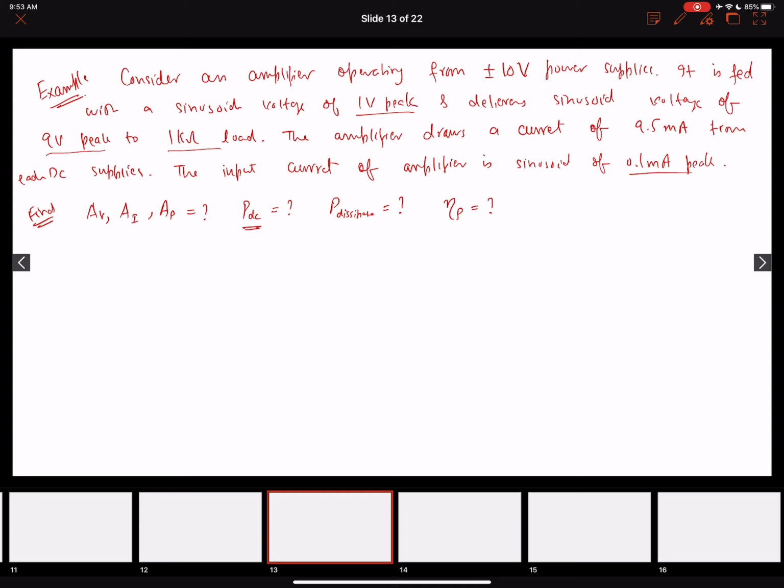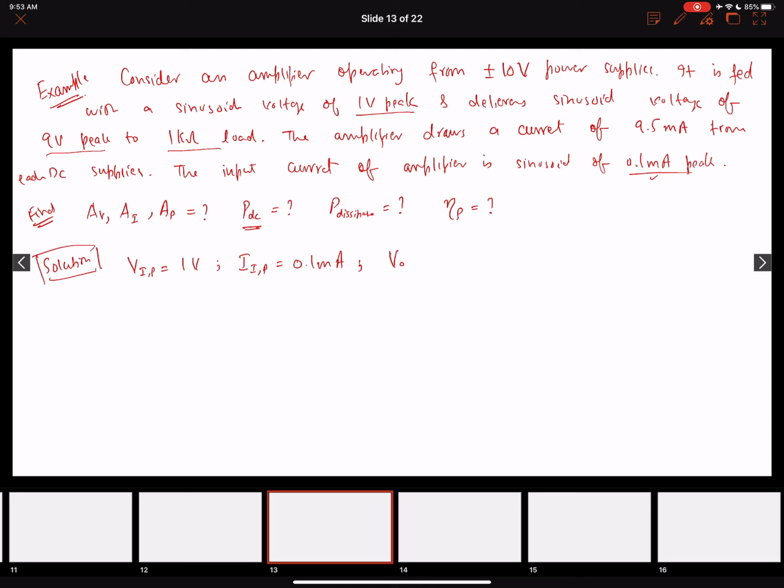Okay, so let's solve this. First let's write down all the values that we know. Our input voltage peak is 1 volt, and our input peak current is 0.1 milliamperes.